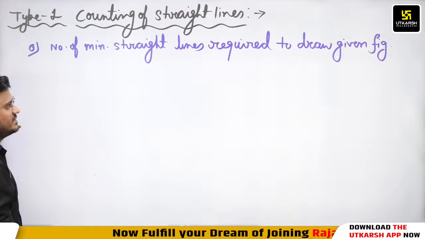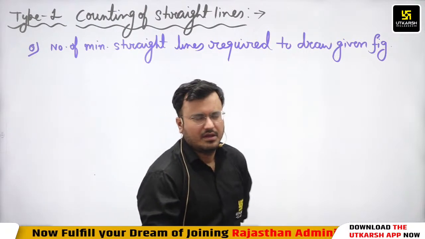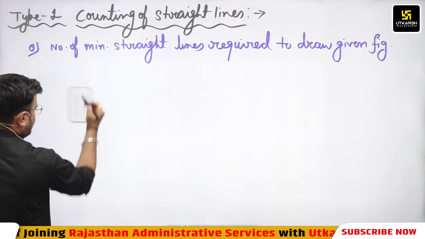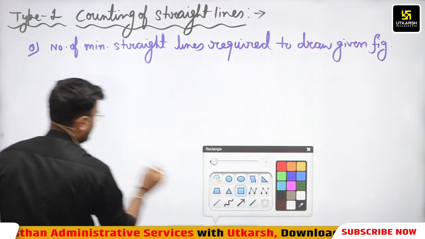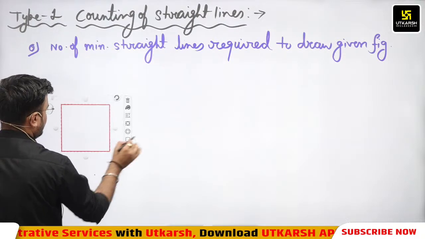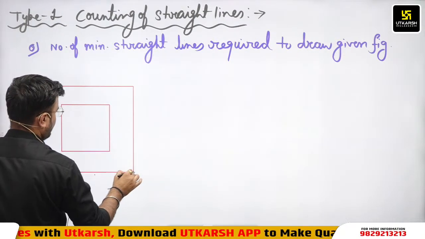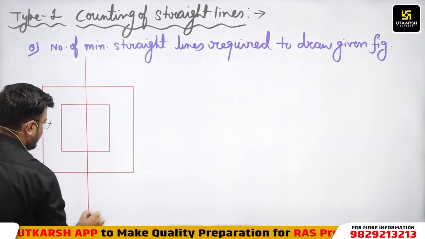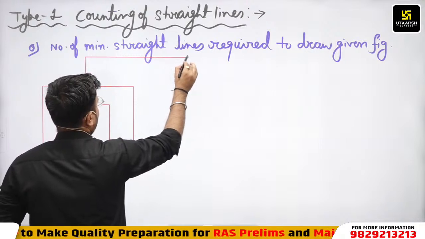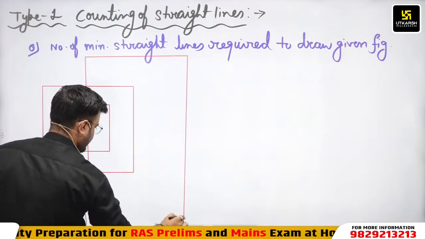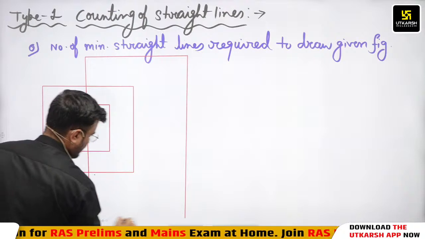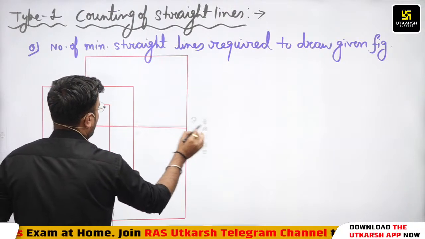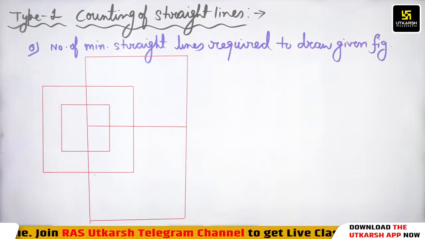Minimum number of straight lines required to draw the given figure. Now we are taking one example. So we need to count how many straight lines are required to draw this figure.